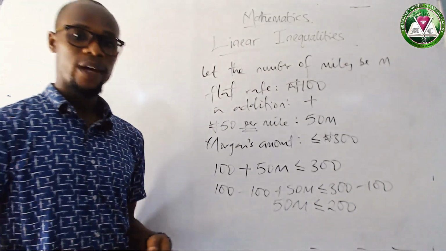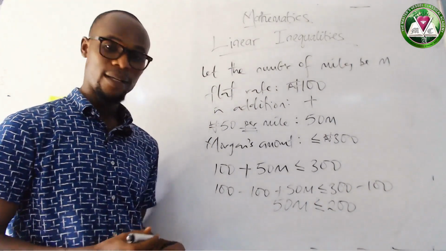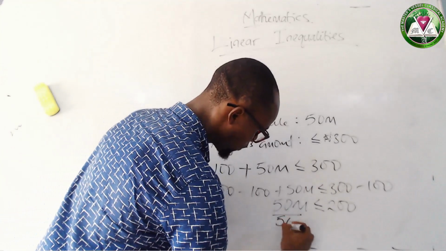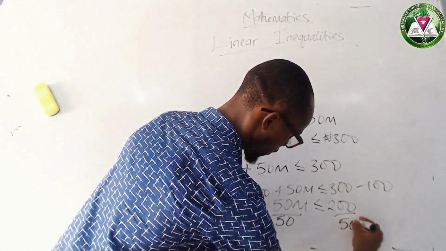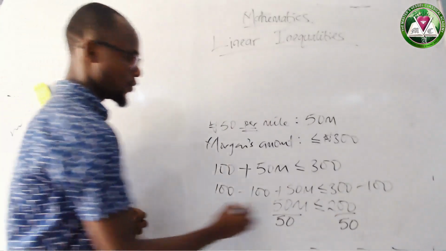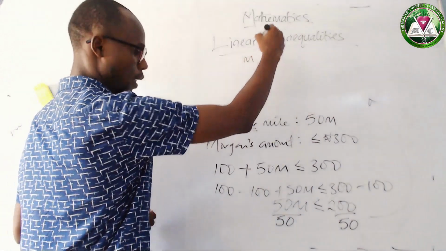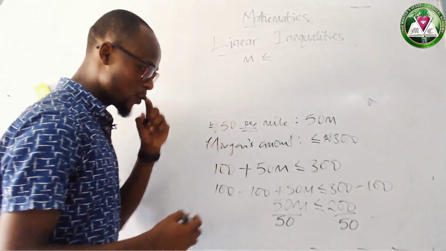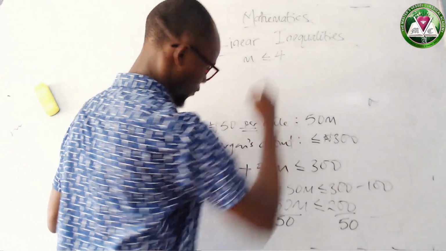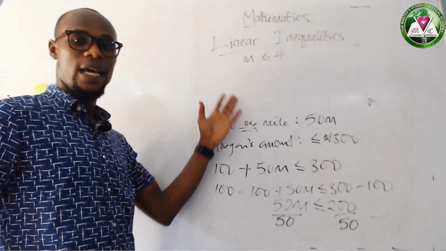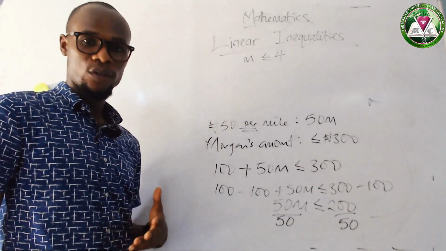To get the value of m, we divide both sides by 50. Dividing both sides by 50, we have that m is less than or equal to 4. So our solution is m less than or equal to 4.